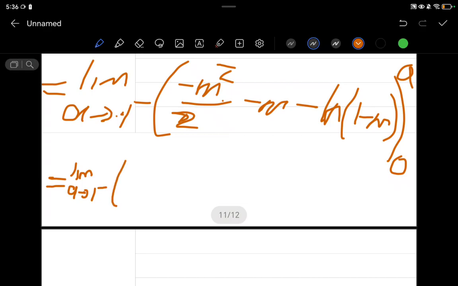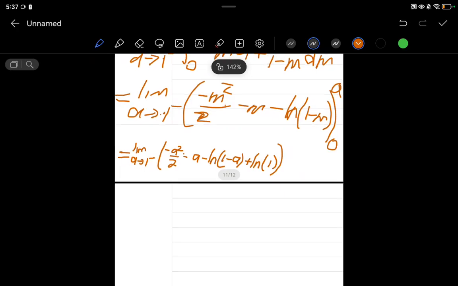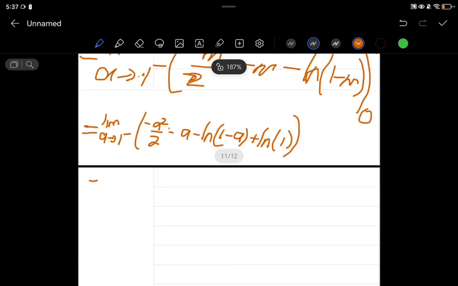If I substitute on this one, a, it will be minus a squared over 2. I won't substitute 0 there because it will give me 0. It will be minus a. I won't substitute 0 also because it will give me 0, minus the ln of 1 minus a plus the ln of 1. Also this one is 0, yeah. So it's not that long as I thought it would be.